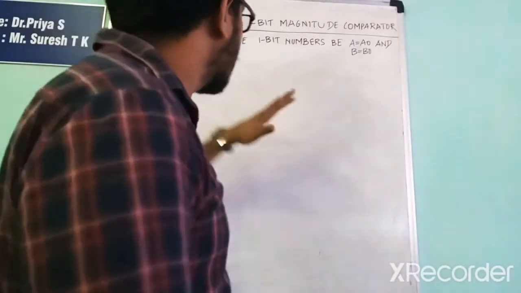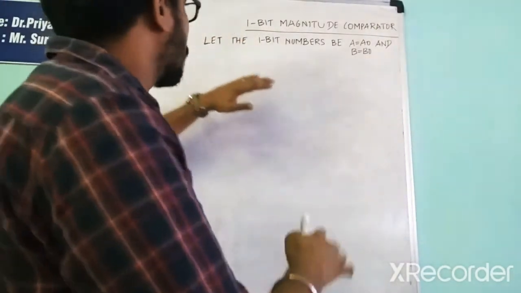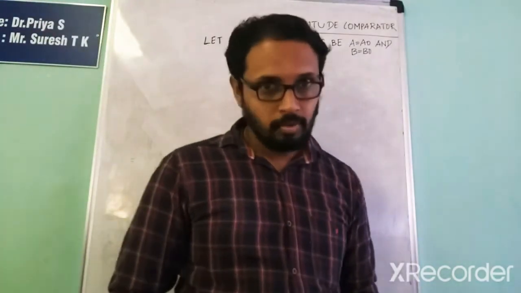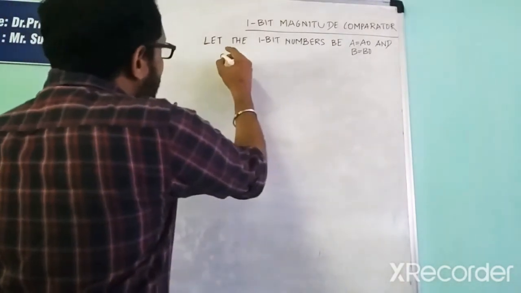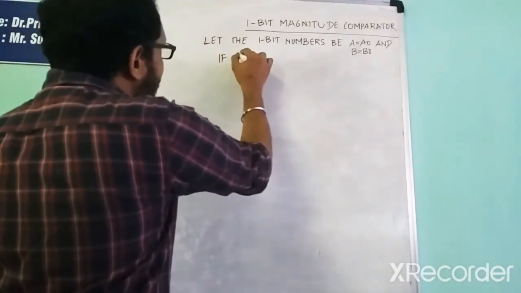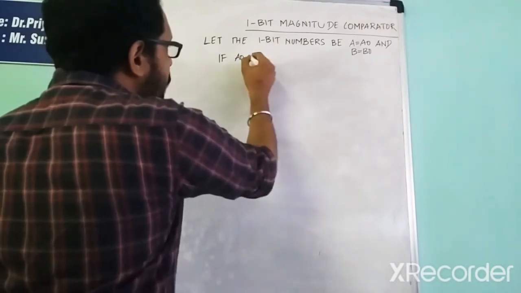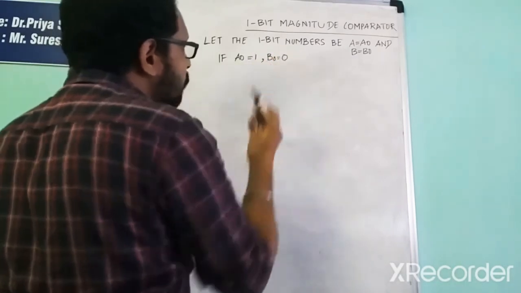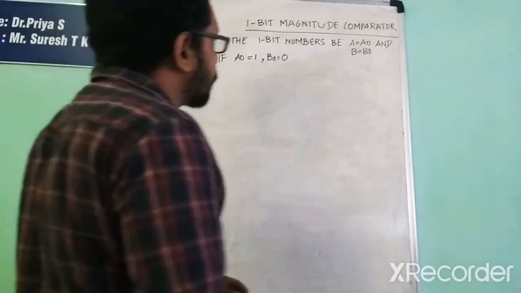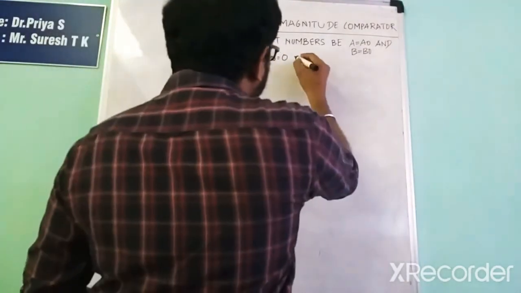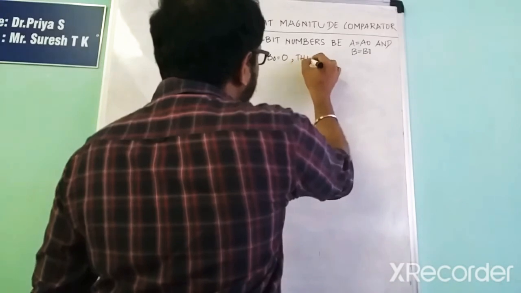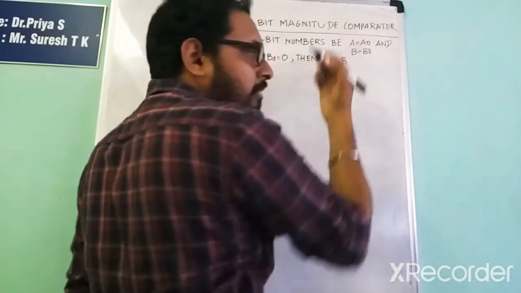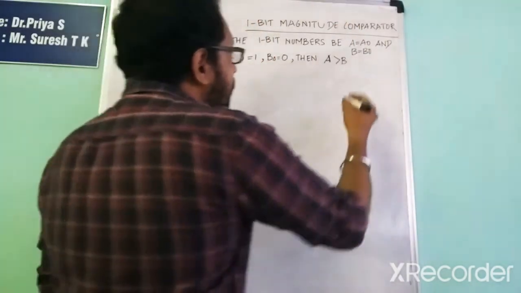First, the logic is as follows. Let the 1-bit numbers be A equal to A0 and B equal to B0. If A0 is equal to 1 and B0 is equal to 0, then A is greater than B, always.